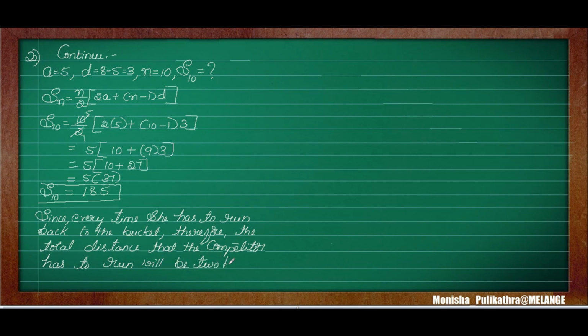Okay, 2 times of it. So therefore the total distance is 2 into 185, so 2 into 185 will be 370 meters. So this is the distance traveled by the competitor to pick all the 10 potatoes, to collect all the 10 potatoes and to keep them in the bucket. So this is the total distance. Now I will do one more alternate method to do this.